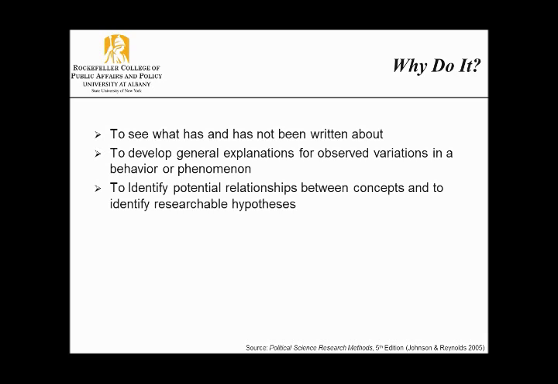In short, it helps us to develop hypotheses to answer our research question. It also helps us to define for ourselves the exact concept of terms and how you might measure those terms. For example, if you are talking about good foreign policy, how do you measure good versus bad, or the different degrees of good? A literature review will tell you how others have gone about measuring this concept.